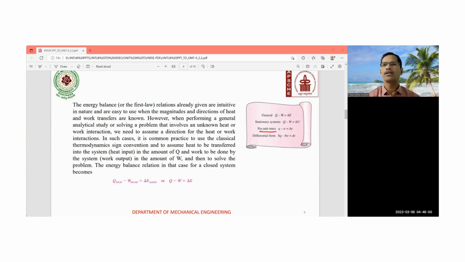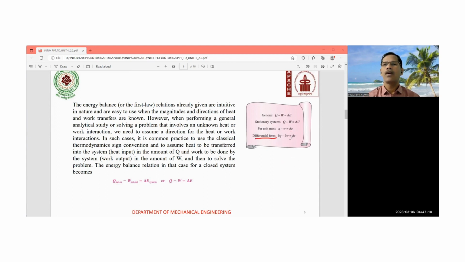And per unit mass, Q minus W is equal to delta E. So always, this small q is capital Q by mass. So that is this one, small q, work input and change in energy.